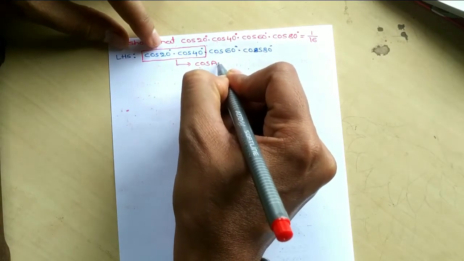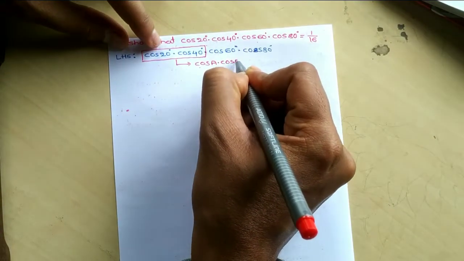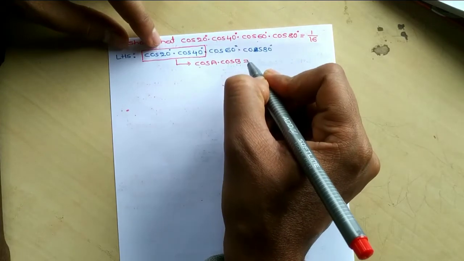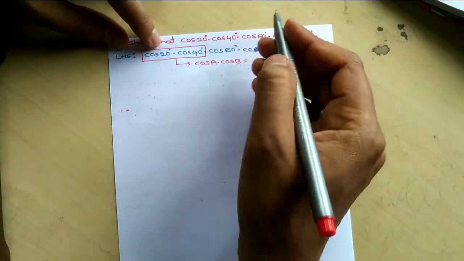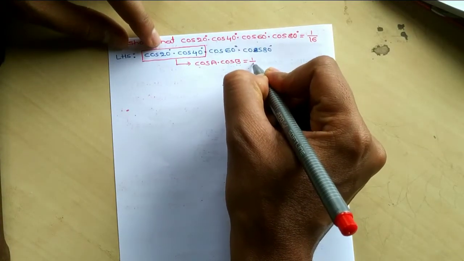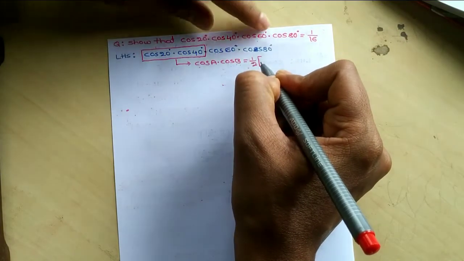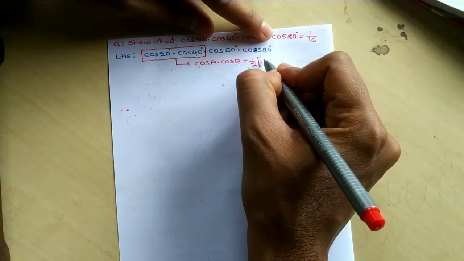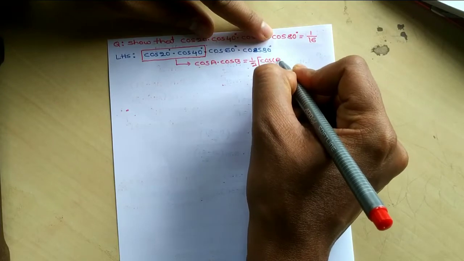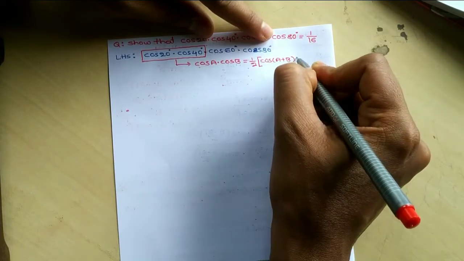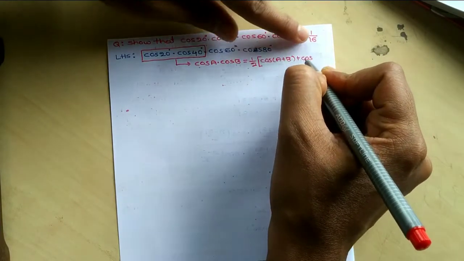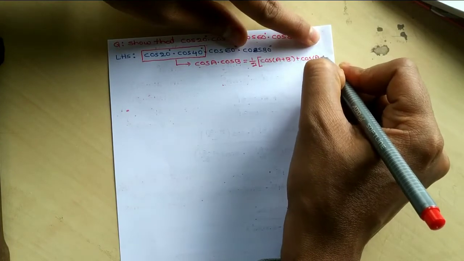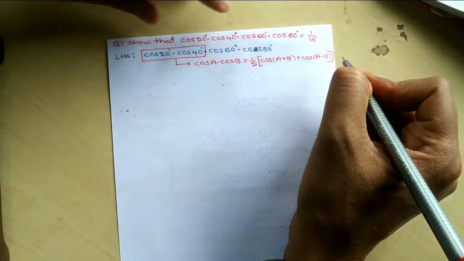The cos A into cos B formula. What is that cos A into cos B formula? 1 divided by 2 into cos A plus B plus cos A minus B. So that formula you apply.